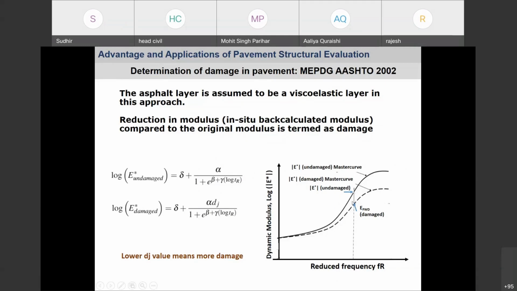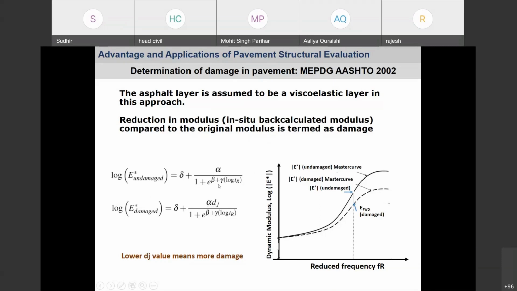So if you compare, you can then try to accommodate or move this undamaged master curve to obtain the damaged master curve by introducing a damage factor, dj, right?